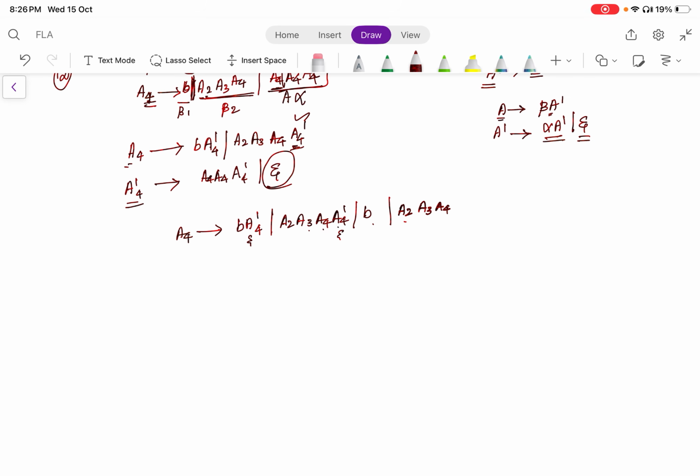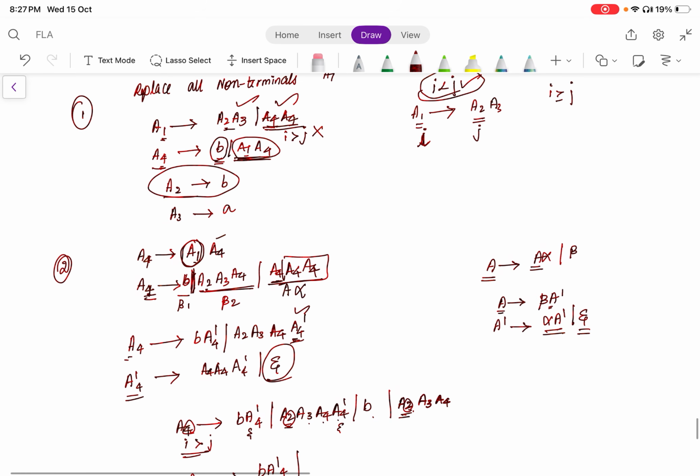So again, in place of A2, you still have I greater than J, right? So this is your I greater than J. So what would you do now? A4 tends to B A dash 4. Substitute A2's production.